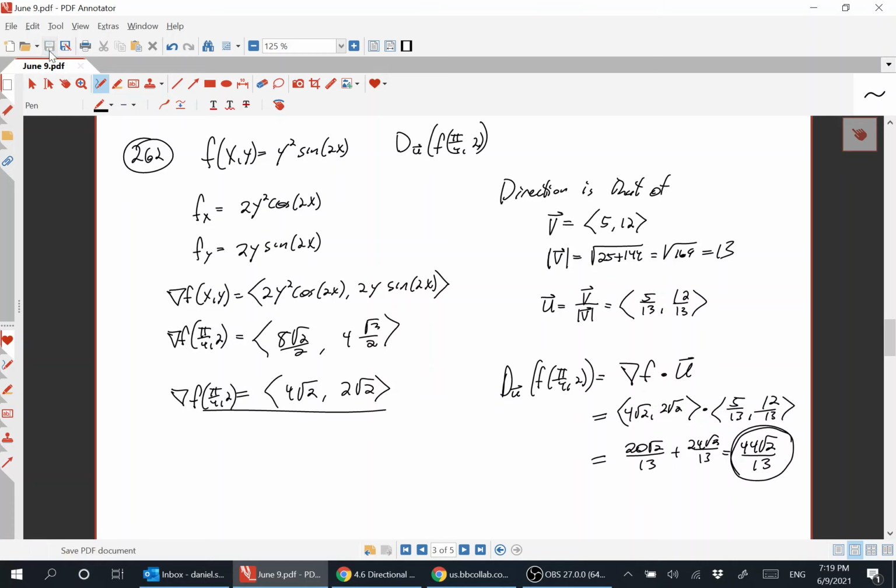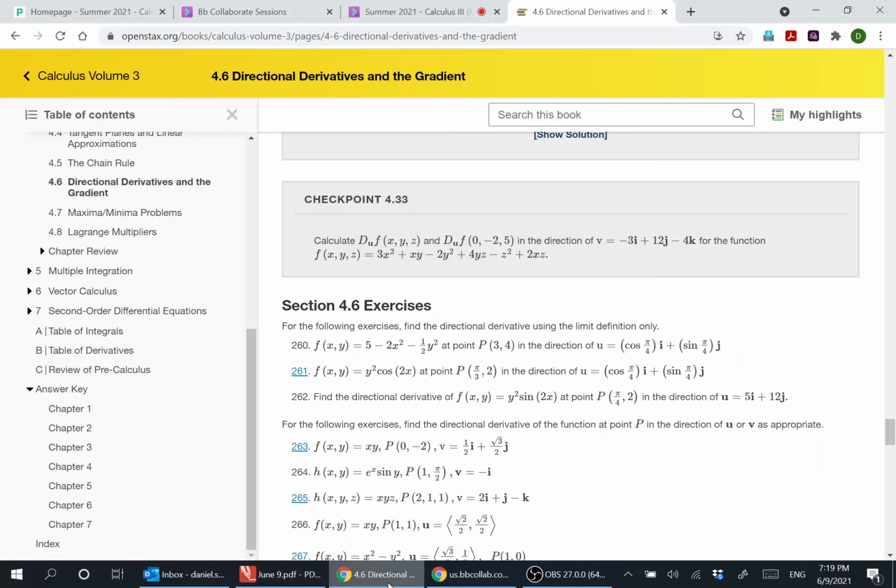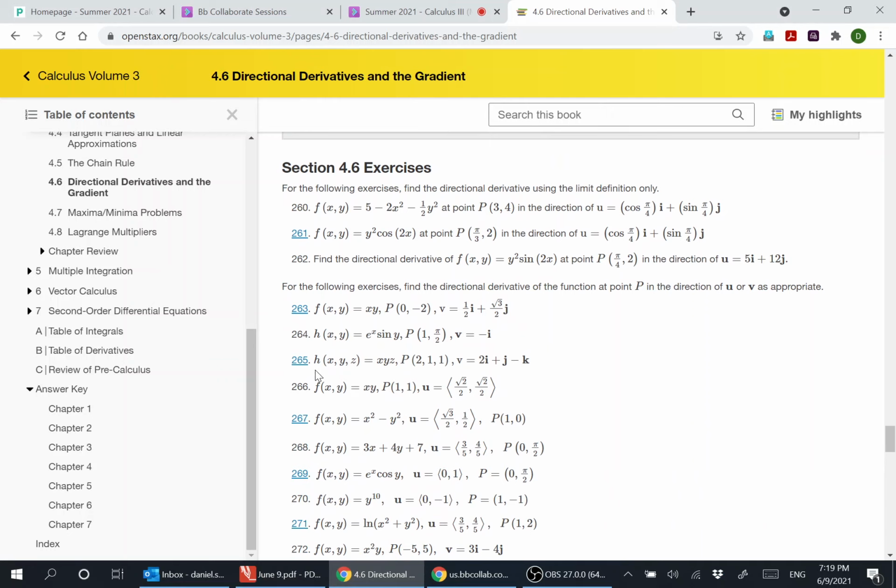All right, 265, more of the same. So we have the three-variable function h, and you have the point P(1,1,1), and you have the direction vector 2, 1, -1.